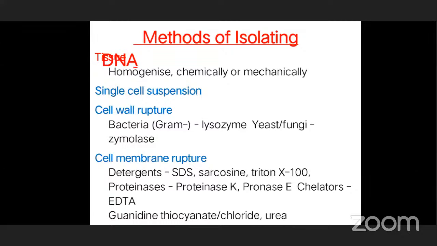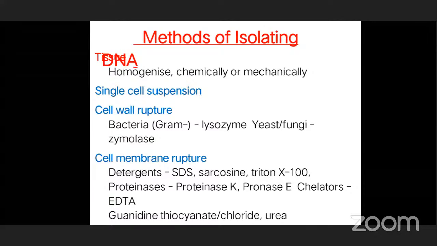Then the next part is cell wall rupture. For example, for the removal of RBCs and WBCs, the rupture of the cell wall is very important, and for this rupture, some enzymes are used. Also for the rupture of bacteria, yeast and fungi, some chemicals or enzymes are used.